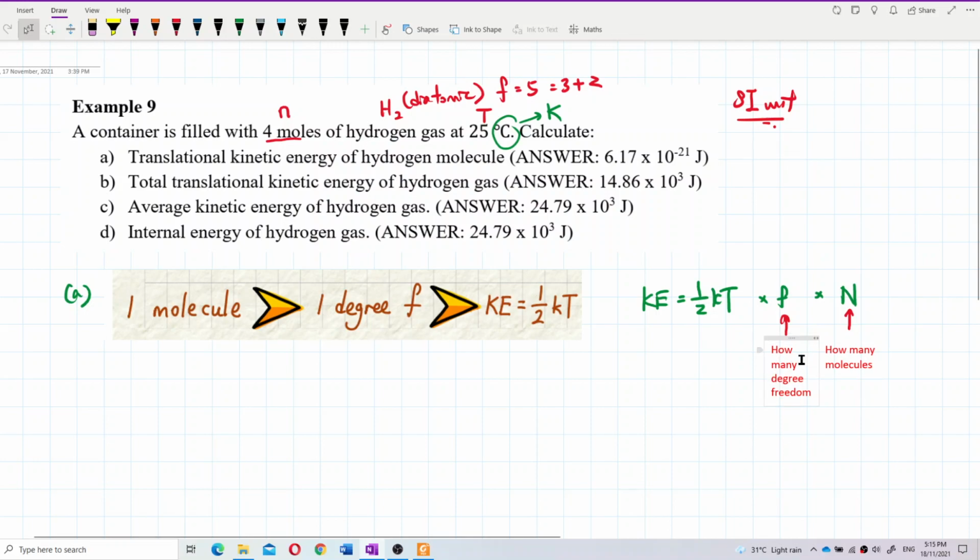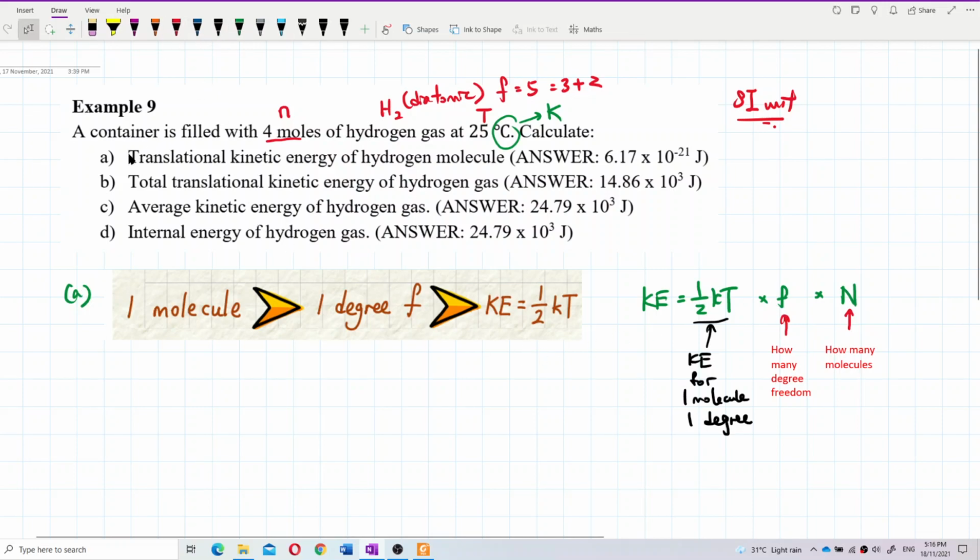This half kT is only the kinetic energy for 1 molecule and 1 degree of freedom. So if you have many molecules, you just multiply N. If you have many degrees of freedom, you just multiply F.